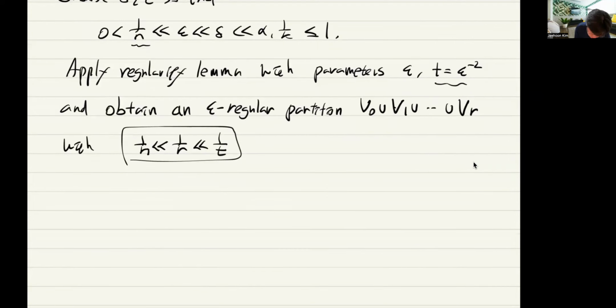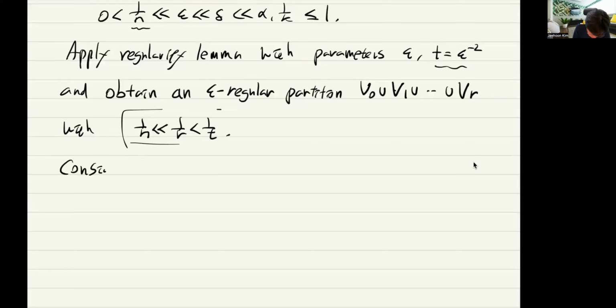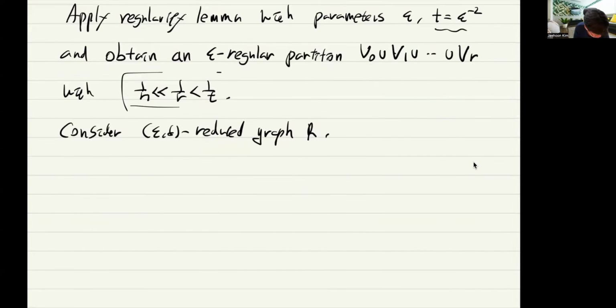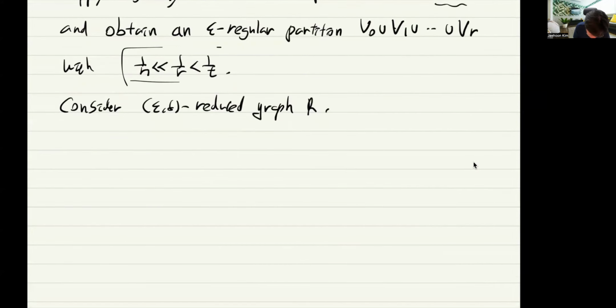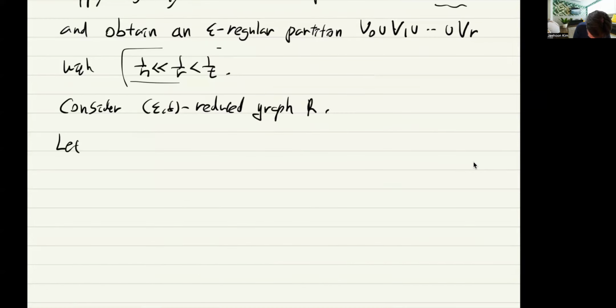T. Then what? We consider an epsilon-delta reduced graph R on this partition. And let's say M is the number of vertices in each cluster.